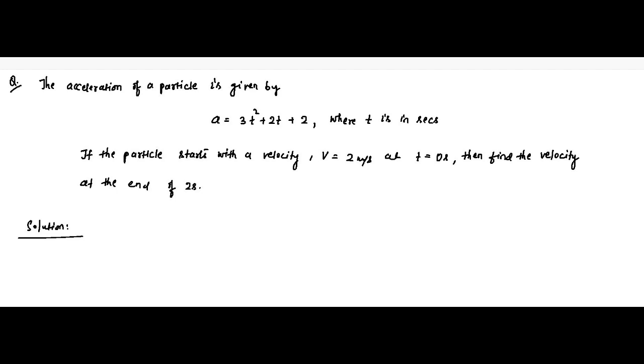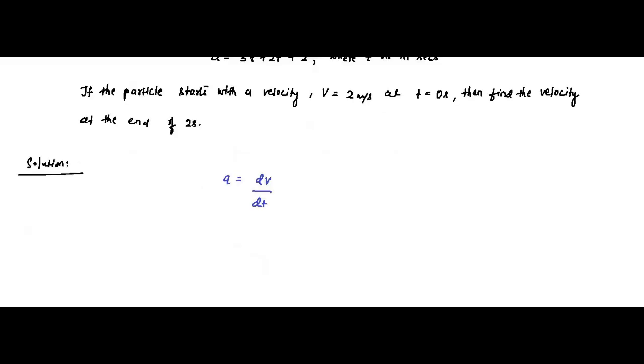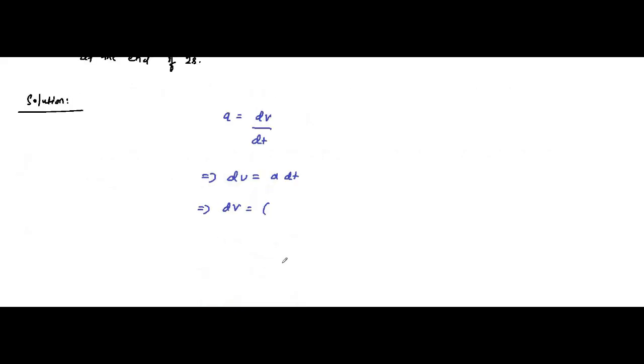So here we know acceleration is equal to dv by dt, the rate of change of velocity with respect to time. That implies dv is equal to a dt. So if we substitute the value, dv is equal to 3t square plus 2t plus 2 dt.